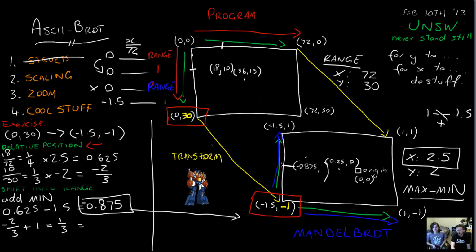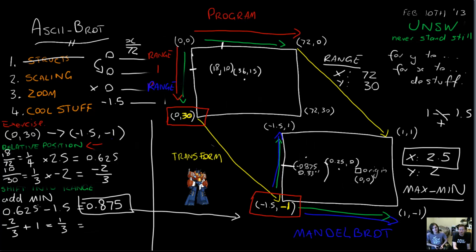So here's the middle line. It should be 1/3 between here and here, which is exactly where we want it to be, if this is 0.33333 recurring. So there you go. The formula is correct. The thing I got out of that video is that for the x-axis, nothing is different to what we said here. Divide by the program x range, or the axis range, multiplied by the Mandelbrot range.